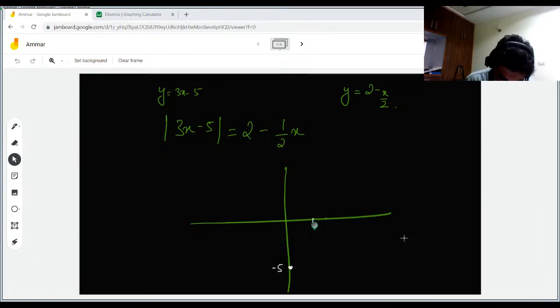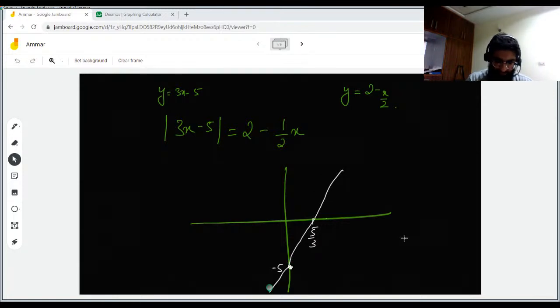Okay, what about y is equal to 2 minus half x? I complete this line.